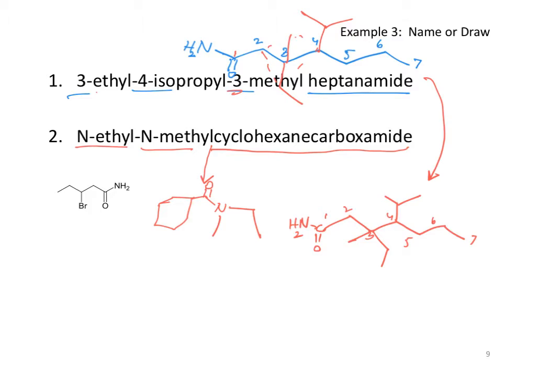In that, we had suggested that the two R groups were exactly the same. Here we are saying that the two R groups, one of them is an ethyl group, the other is a methyl group. Hence, we have to write it as N-ethyl N-methyl. Notice the use of alphabetization for the E versus the M, cyclohexane carboxamide.